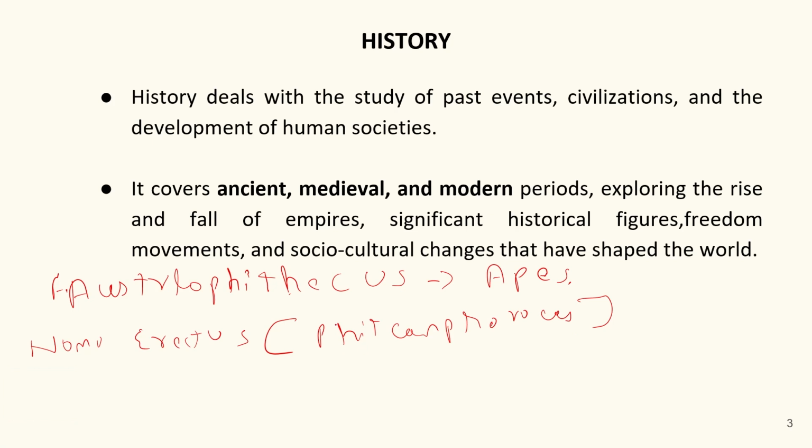First were the Australopithecus, who were completely apes or chimpanzee-type creatures. Thereafter, we come to Homo erectus, who were similar to modern humans, not properly modern humans. Their skulls were large, their brain size was small, and their body posture was tilted to the front, like we see chimpanzees moving around.